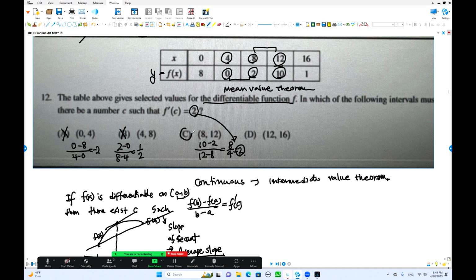So choice C is the answer, okay? Now finish the last one too. y2 minus y1, that is 1 minus 10, over 16 minus 12, that is equal to negative 9 over 4, that is not equal to 2. To use the mean value theorem, it must be C, okay? That is number 12.